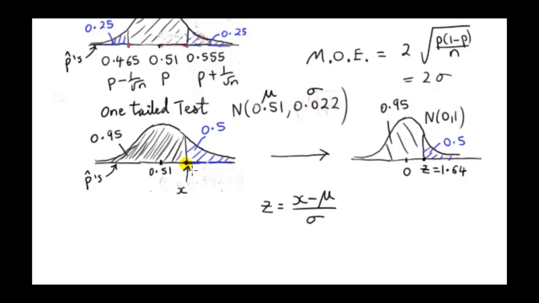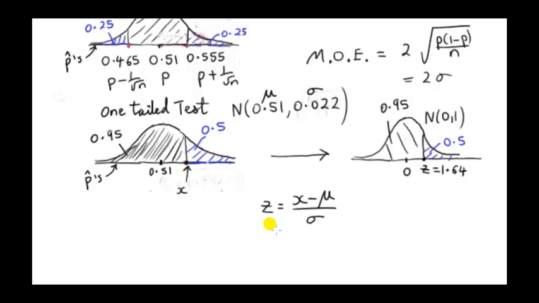Now, to find this point, which I'm calling x, we need to transform to our standard normal distribution. So we want the value of z such that the area to the left is 0.95. If you look this up in your tables, you'll see that that value happens when z is approximately 1.64. Here's our formula for converting x to z.